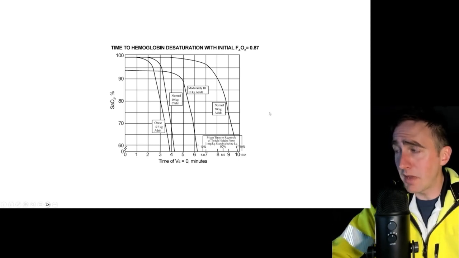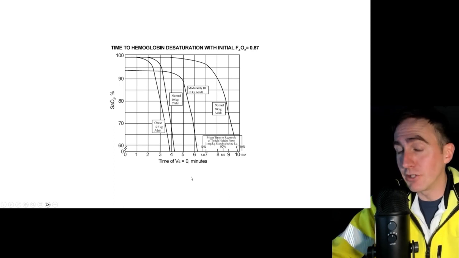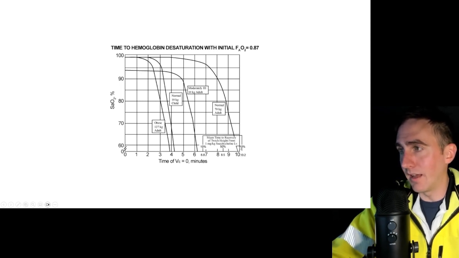And then you just use your other fingers, reach around to the jaw and pull it back. So the number of minutes that you have until that patient desaturates is also related to how sick that patient is. A normal adult that is adequately pre-oxygenated could take 10 minutes before they desaturate to an SaO2 of 60%.